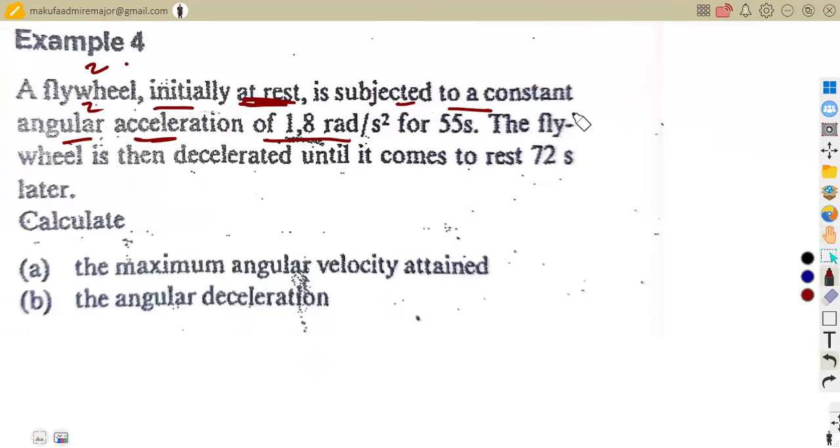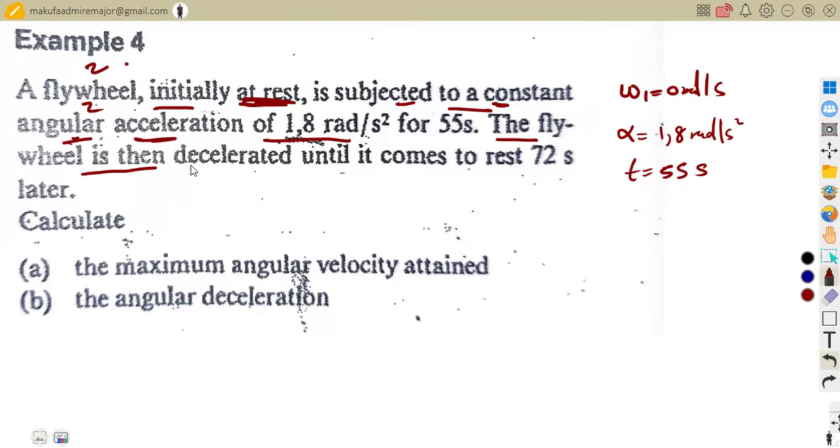Initially, omega1 is 0 rad per second. It is subjected to a constant angular acceleration of 1.8 rad per square second for 55 seconds, the given time frame in this interval.